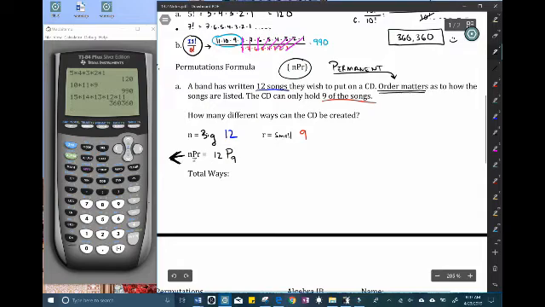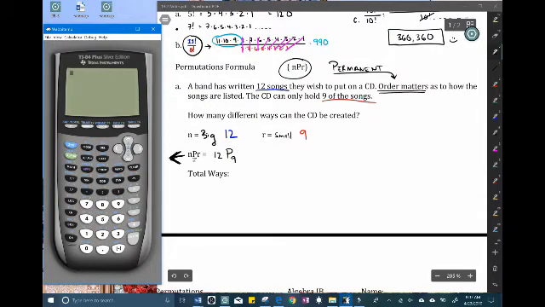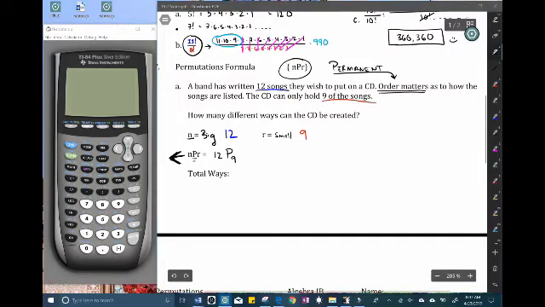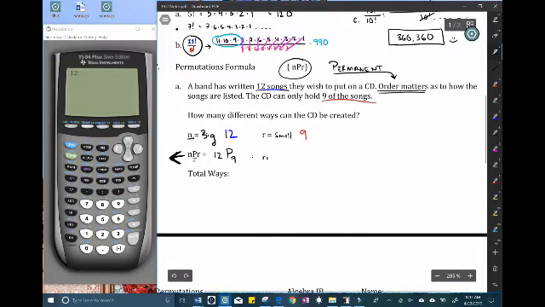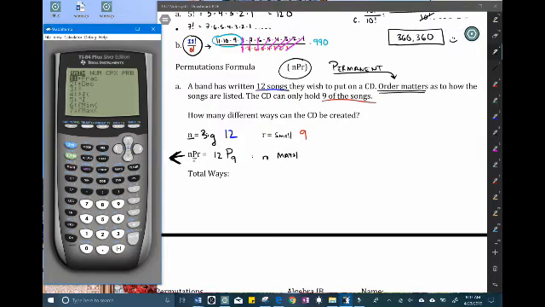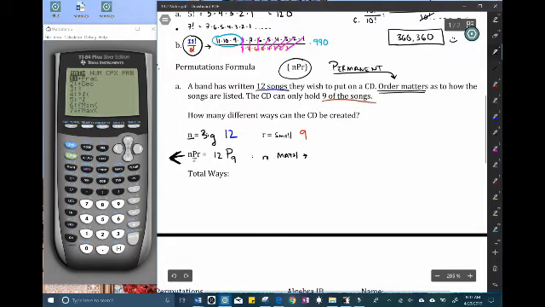Now, look at the graphing calculator. I'm going to show you how to do this. The first step is to type in the n number, so 12. Do that with me. Then go to Math. Math is right here. Over to PRB, and then number 2. So hit number 2.